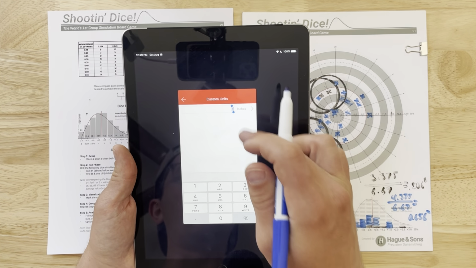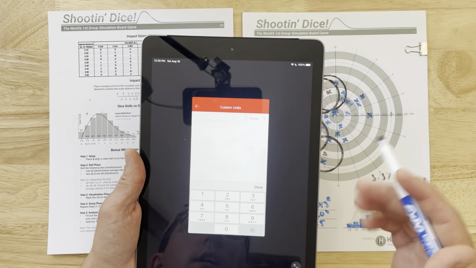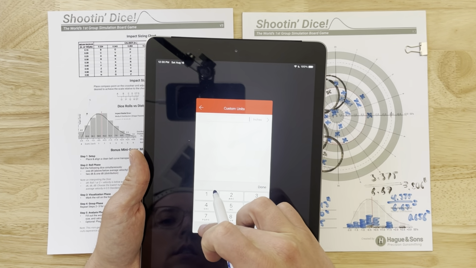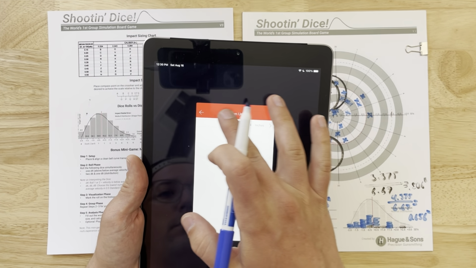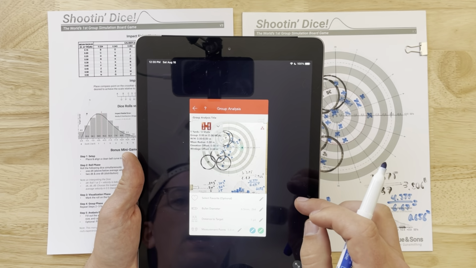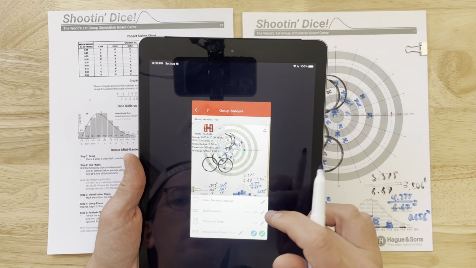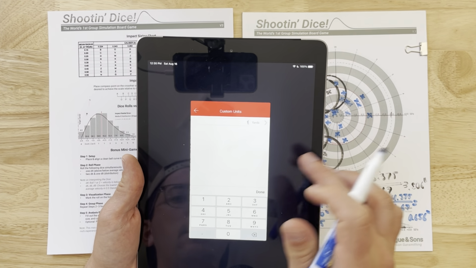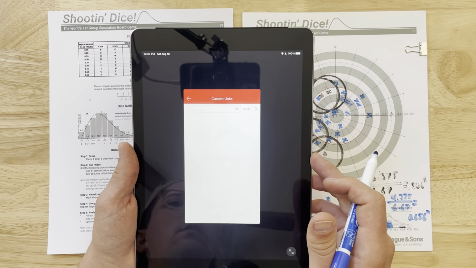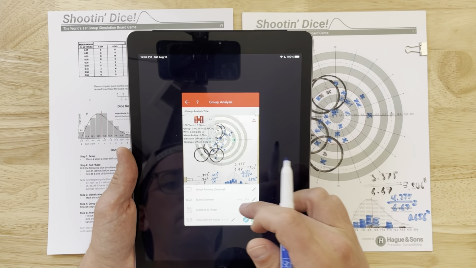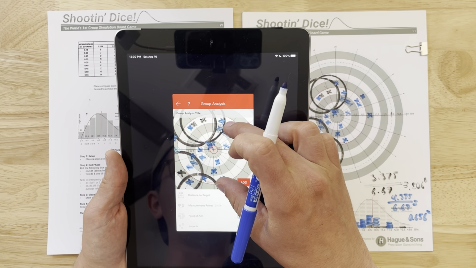And instead of putting 1 inch, we'll put 2 times the mean radius, which is 0.4, that we selected for our group. And now, if we select our bullet diameter as 6 millimeter and our distance to target as 100 yards, we can set the point of aim at the middle of the target.